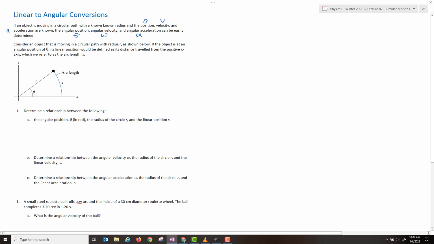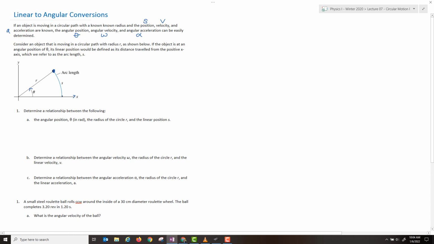So consider an object that's moving in a circular path that has a radius r, as shown below. If the object is at an angular position of theta, the angle from the positive x-axis to where that dot is, that's the angle. Its linear position would be defined as its distance traveled from the positive x-axis, which we would call s.